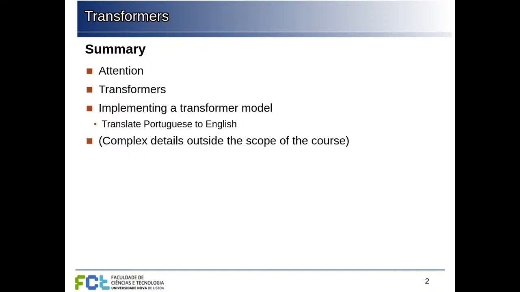So I'm going to start by talking about what attention is in artificial neural networks. Then I'm going to present the transformer model, one model for transformers, and we're going to look at that in more detail. So we're going to implement a transformer model to translate Portuguese sentences to English sentences.